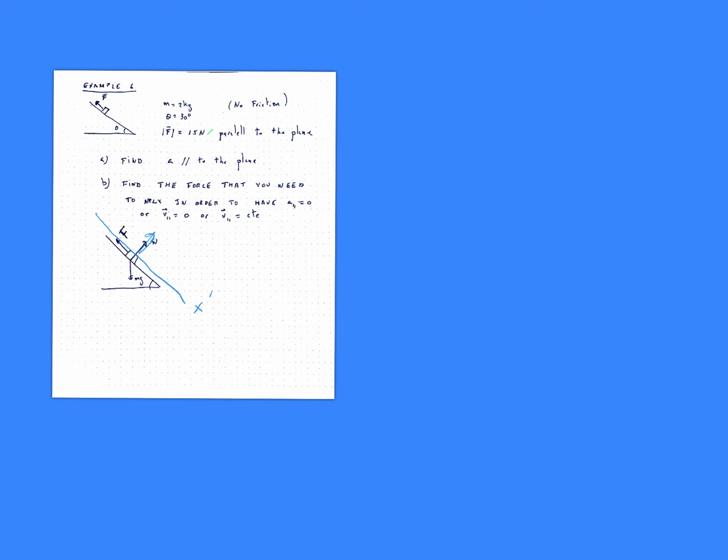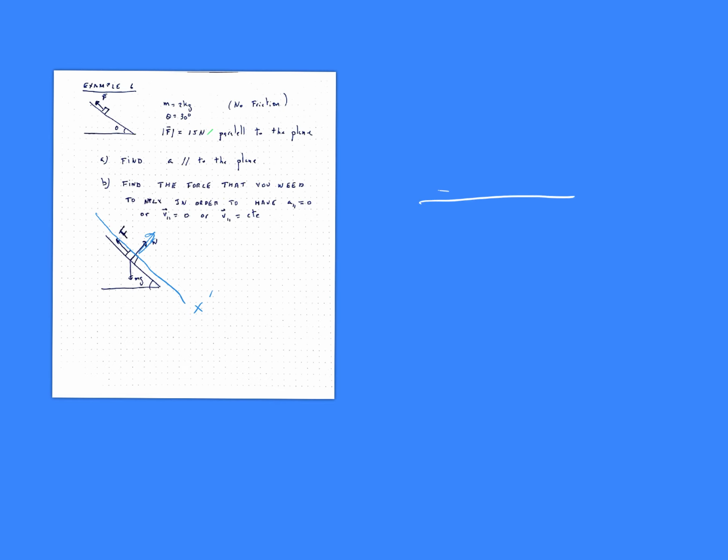Now, let's do this example 6. The mass is 2 kilograms, the angle is 30 degrees. The force applied upwards in the direction of the inclined plane is 15 newtons. Find the parallel acceleration. To find the parallel acceleration, we do more or less the same thing that we did before.